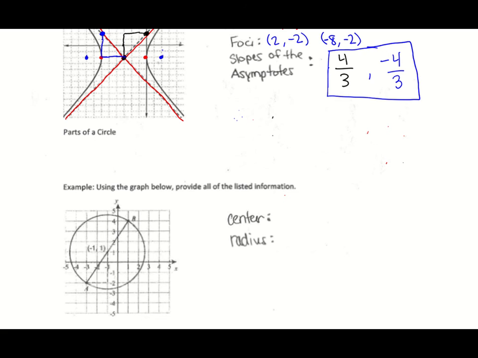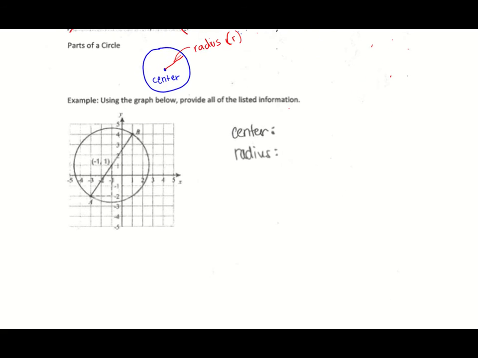So if we look at our circle down here, we want to find the center and the radius. Center of our circle, that point is already on there for us. It is -1, 1. And then to find our radius of the circle, they drew this line in there for us, but I could also draw a radius straight across here.